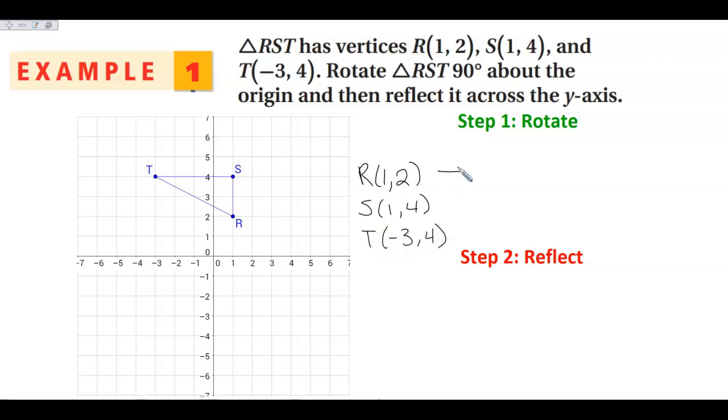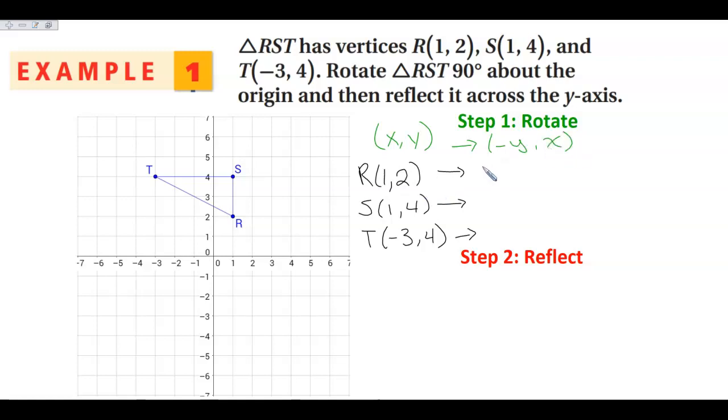Okay? So what I'm going to do with them first is rotate this 90 degrees about the origin. Remember that when we're rotating 90 degrees, it is going to be counterclockwise. My rule of rotation for 90 degrees is negative y, x.